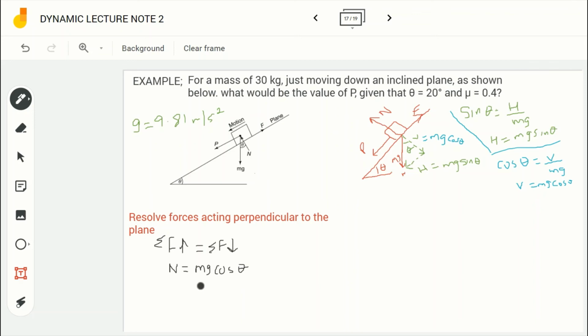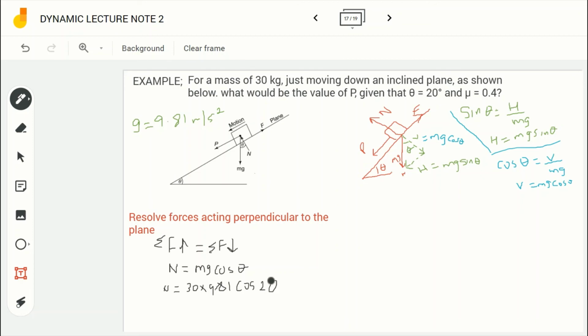All right, so right here I can log in the values. My mass is 30, times my g is 9.81, times cos my angle, 20, cos 20.